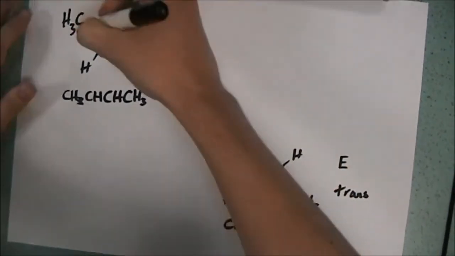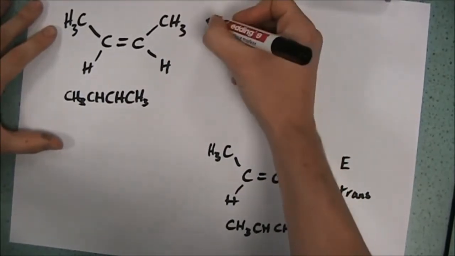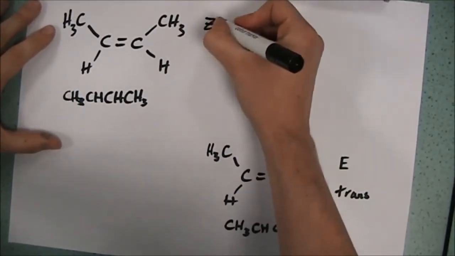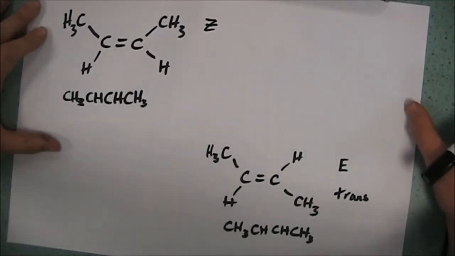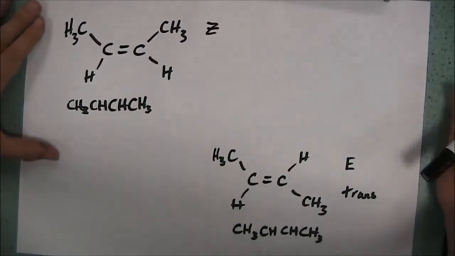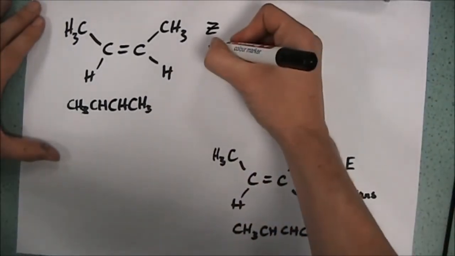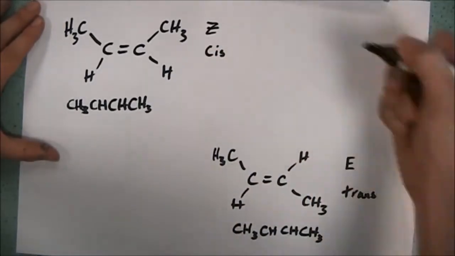The other one, because we have them together, again we can turn to our German and say Z for zusammen, which is together, or you may like to remember zugether. We can also call this by the Latin, which is cis.